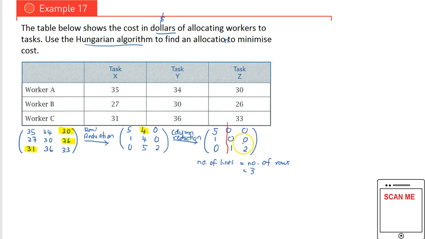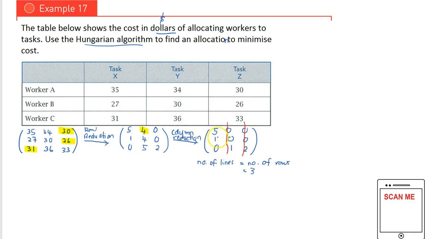You have 3 zeros. Always ask yourself which column or row has the most 0s. Column 3 has 2 zeros, so use another line to cover them. Next one, how many 0s are left? 1.